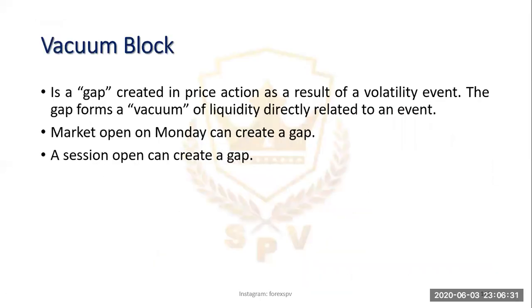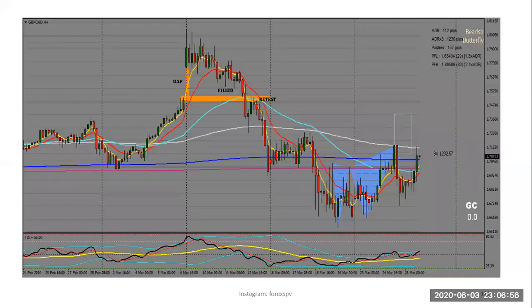And we have the vacuum blocks. A vacuum block is a gap created in price action as a result of a volatility event. So the gap forms a vacuum of liquidity. So no orders were entered at that vacuum. So market open on Monday can create a gap, a session open can create a gap. So we have a gap there.